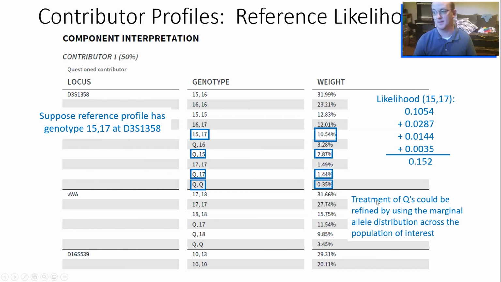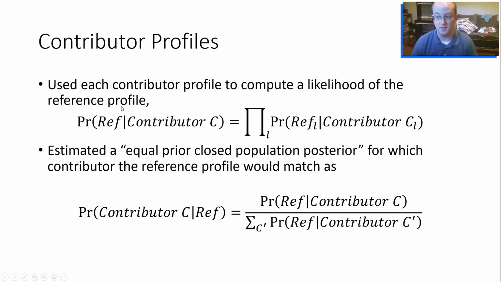reference profile. So using those locus-specific likelihoods, we then get a likelihood for the complete reference profile, like I was just saying, taking the product across the loci.